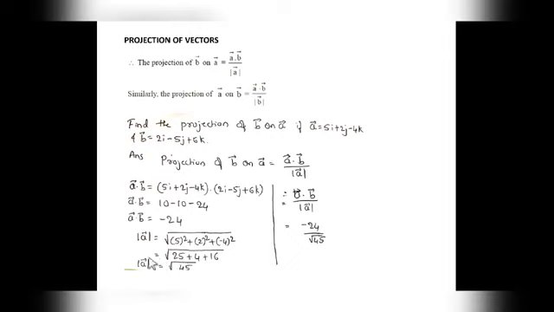Under root 45 is magnitude of vector A. Now according to this formula I am going to substitute the values. Vector A dot vector B is minus 24 divided by magnitude of vector A, root 45. Minus 24 divided by root 45 is the projection of vector B on vector A.